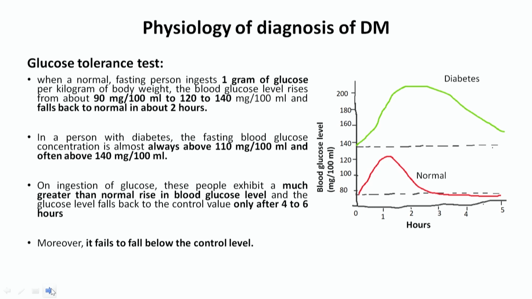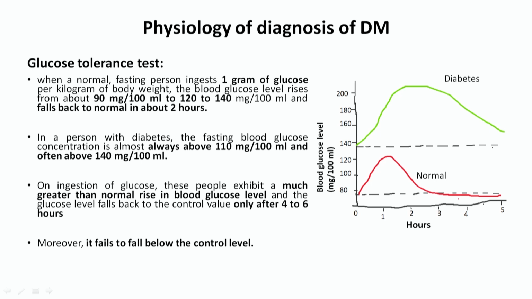Now, what is the physiology to diagnose diabetes mellitus? How can you diagnose diabetes mellitus? One important test is called the glucose tolerance test. In this test, the animal is given some amount of glucose to ingest. In a normal person, if they ingest some glucose, their glucose concentration will initially increase, but it will come down after 1 to 2 hours.